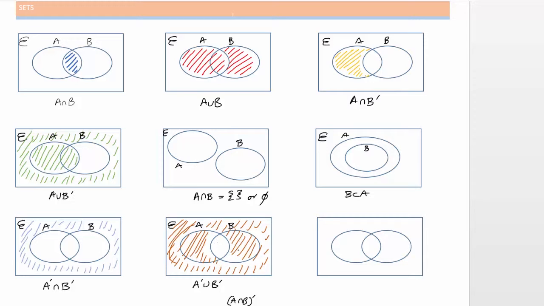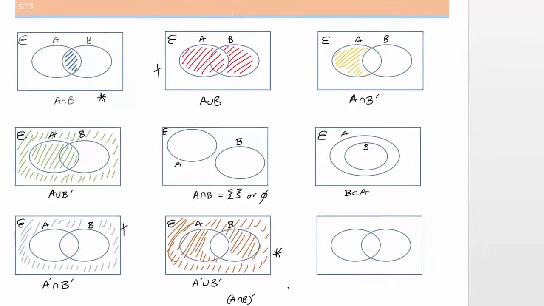So as we can see, all of this shaded in this browny orange is the complement of A intersect B up here. So if I link that one there with this one there, and this one here with this one here, what we have there is an application of De Morgan's law.